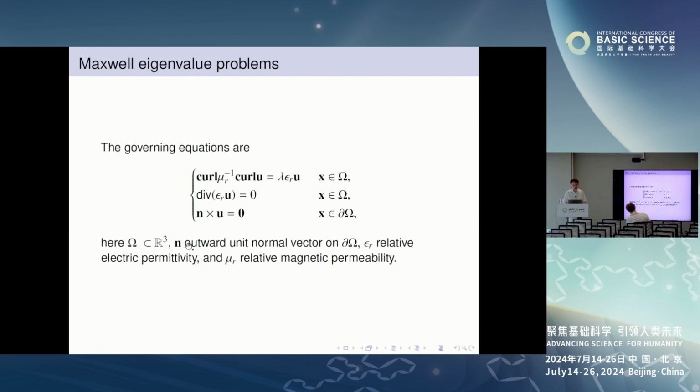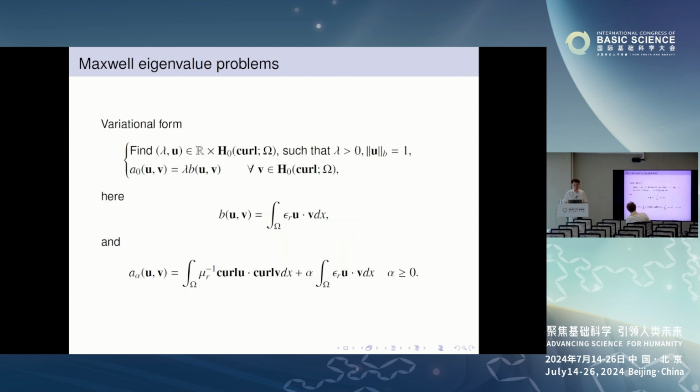Here n denotes the outward unit normal vector along the boundary. Epsilon r is the relative electrical permittivity, and mu is the relative magnetic permeability. For this special case, maybe just consider epsilon and mu equal to 1 for simplicity.